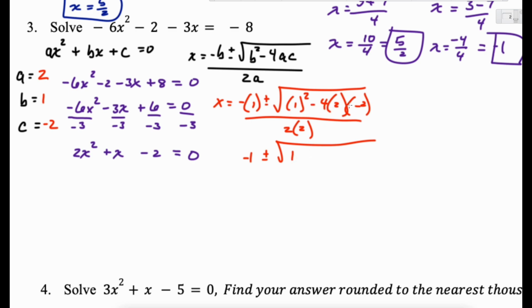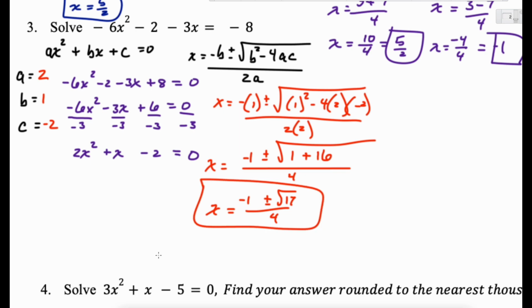Negative 4 times 2 is negative 8, times negative 2 is going to be 16, over 4. Negative 1 plus or minus the square root of 17 over 4. Okay, well, this is the solution right here. We cannot take the square root of 17. It's not a perfect square. That is how we leave this in radical form. This is the exact answer.